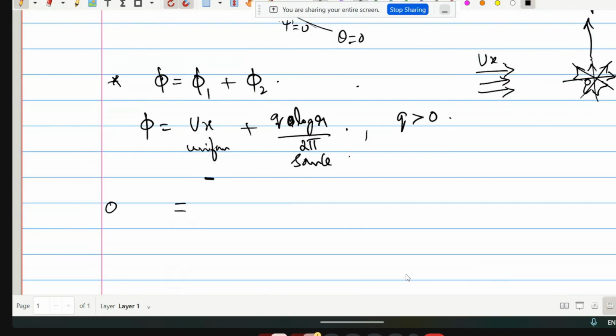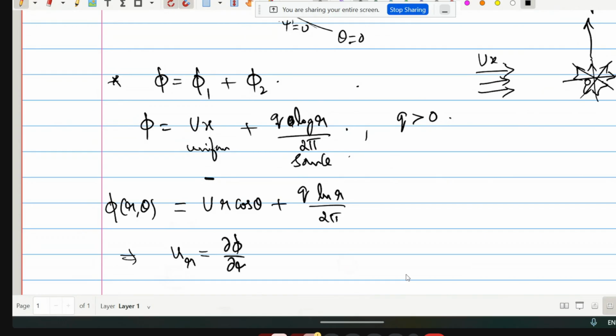Now you write it in polar coordinates, phi of r theta. Wherever x is there, you put r cos theta. So U r cos theta plus Q ln r divided by 2 pi is your phi, right? This will give me immediately my U r, U theta components. What is U r? Dou phi by dou r, which is simply U cos theta plus Q by 2 pi r.